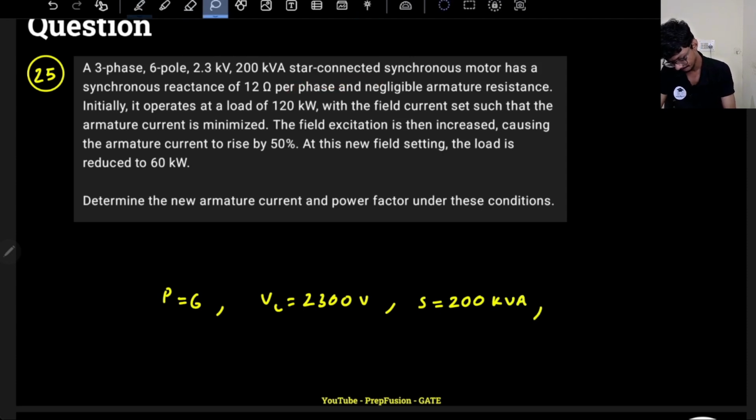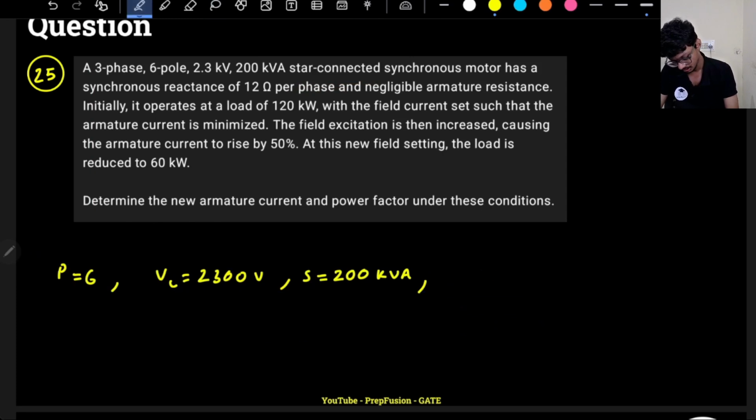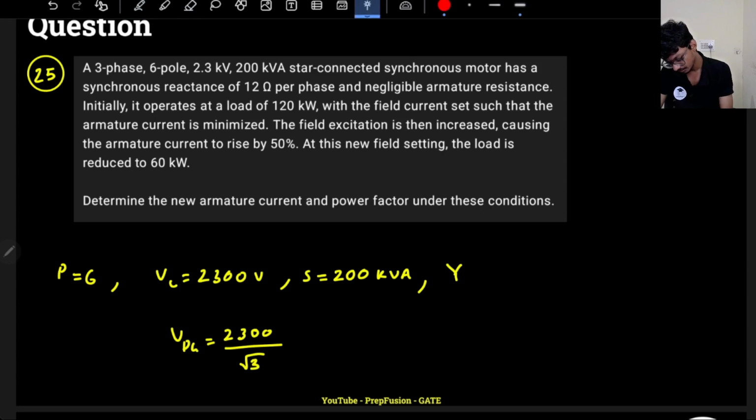Since it is star connected, V phase will be 2300 divided by root 3.